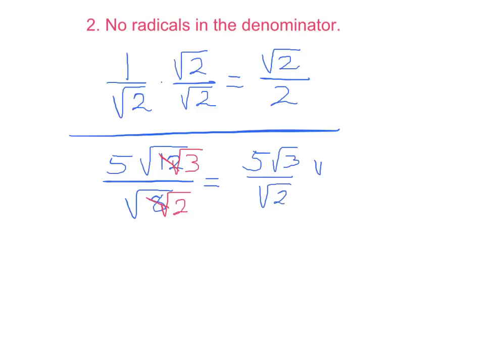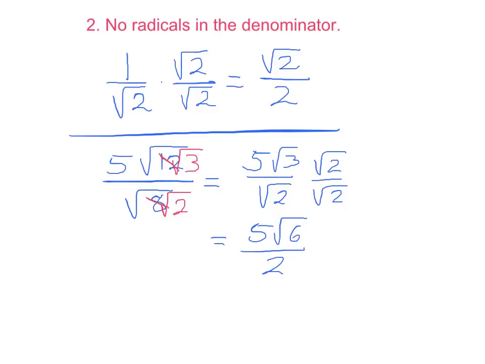Now I'm going to multiply by root 2 over root 2, which is equal to 5 square root 6 divided by 2. There's nothing else. There's no square factors in 6, there's no radicals in the denominator, and everything else is simplified.